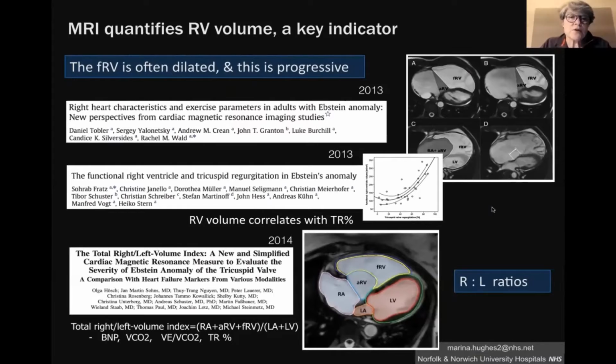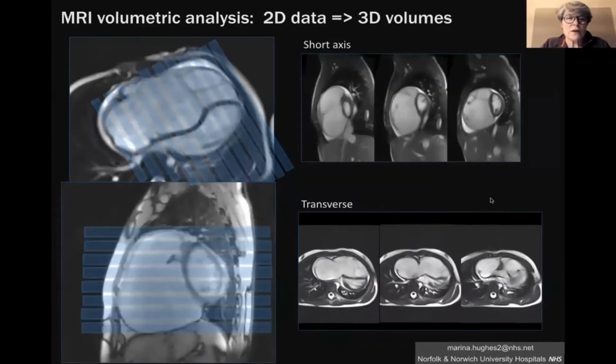The ventricular progressive dilatation and the severity of the regurgitation is a strong marker. So how do we measure the ventricles in patients with Ebstein anomaly using our conventional 2D MRI at the present time? This is done either in the short axis or the long axis view, essentially with a Simpson's method of summation of cylinders.